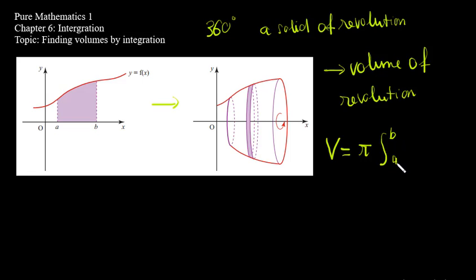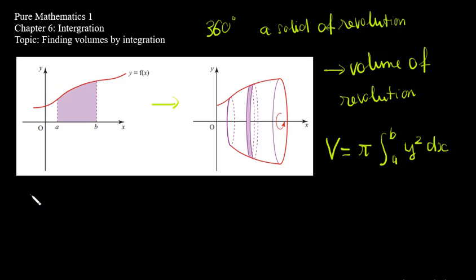A is the lower limit, b the upper limit, and in this case it is rotating along the x-axis, so we will have y squared with respect to x. So let's say I will have an example here to illustrate this formula.